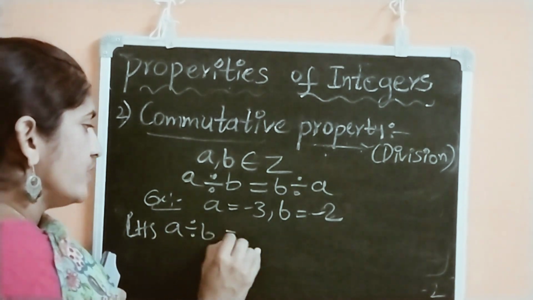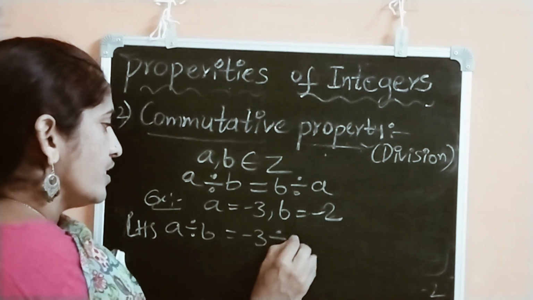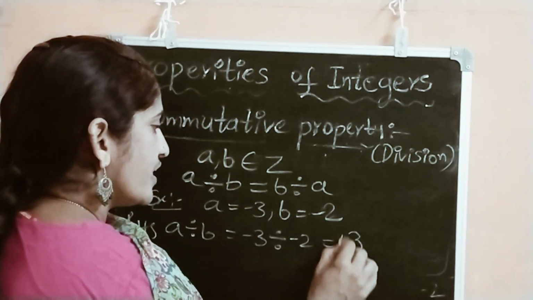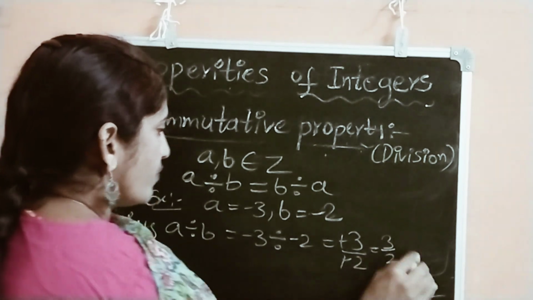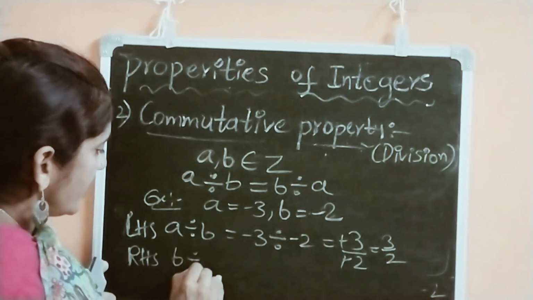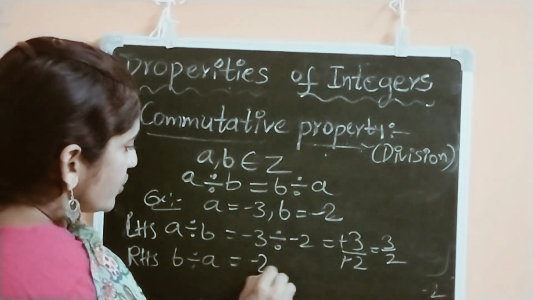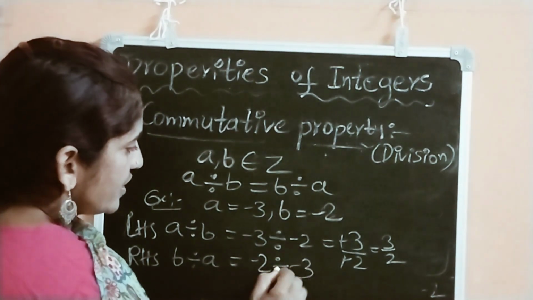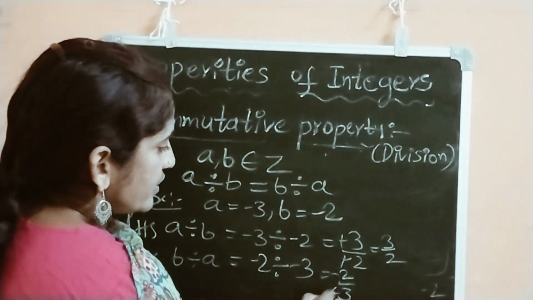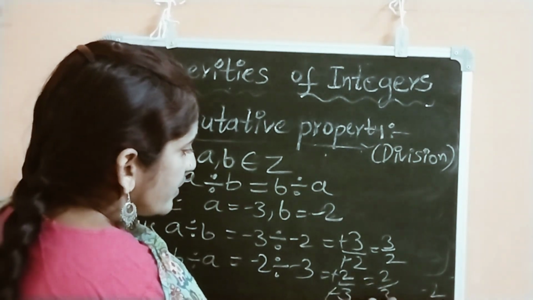Okay, let's say a division b is equal to -3 division -2, that is -3 by -2. So minus minus cancel, 3 by 2 is the answer, that is we get a fractional number. I am going to check RHS. B division a, -2 division -3, -2 by -3, minus minus cancel, 2 by 3.